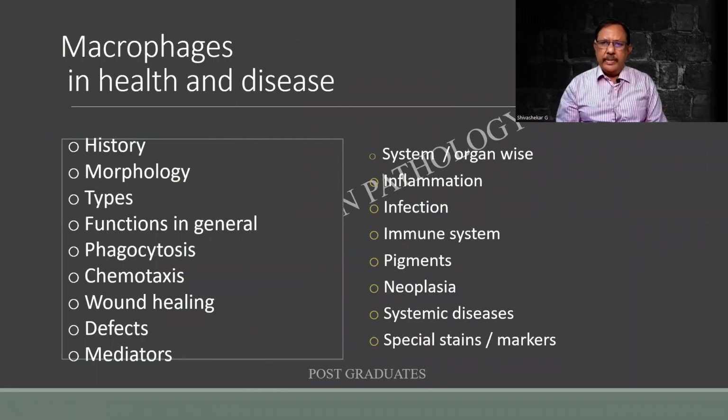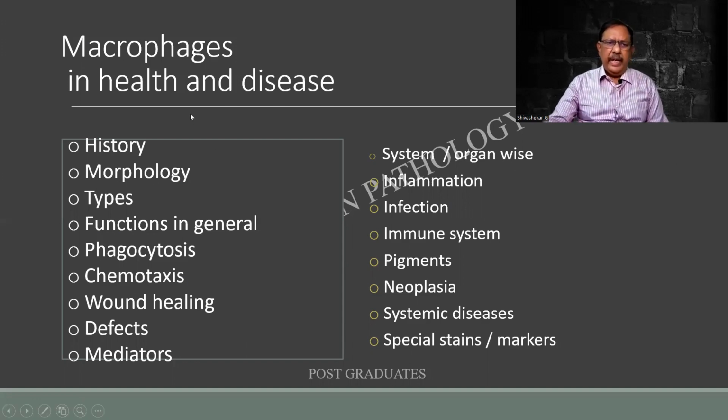Whenever such topics are given to us, most important will be the subheadings. Think of the subheadings. The subheadings will take you to the answer. Here I have given two lists. You can prepare your own, but I feel that this is logical.